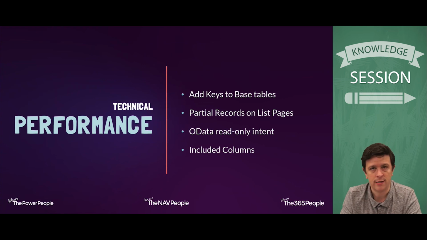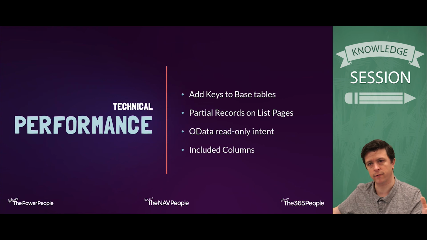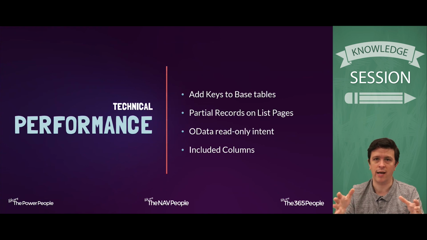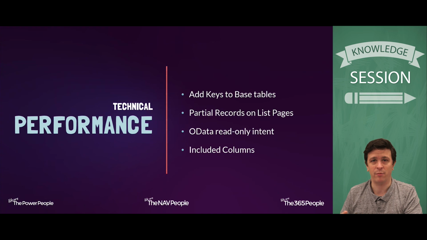Microsoft have added the ability under the hood to provide a thing called a partial record. What that means is, instead of saying every time I ask for an item, I get everything, including all these extension fields, a developer previously could say, well, I'm only looking at the item number and its description and its price, so don't worry about loading all the data from the extensions. But you had to do that as a developer manually.